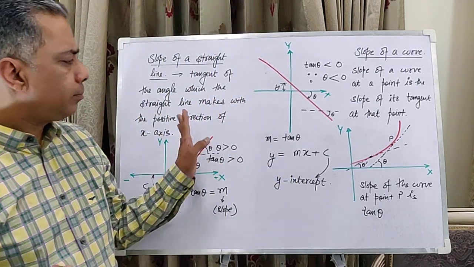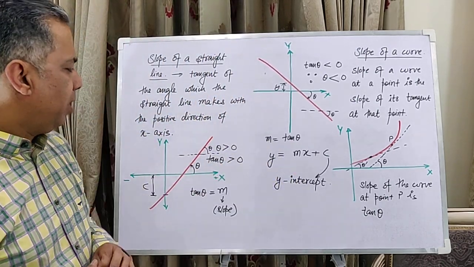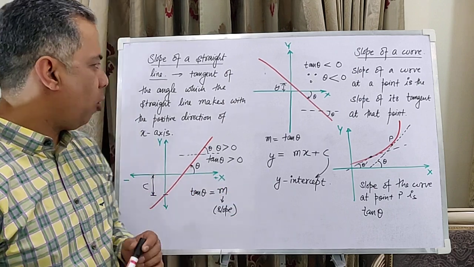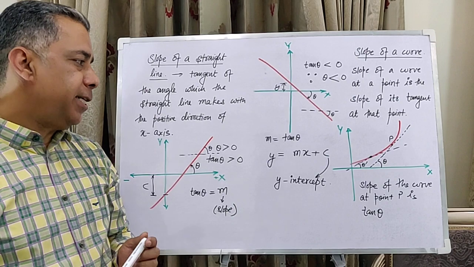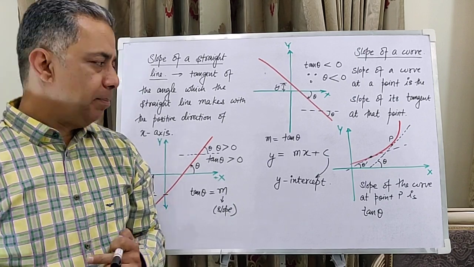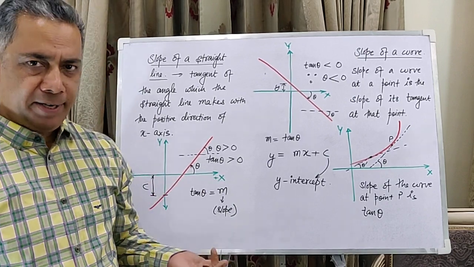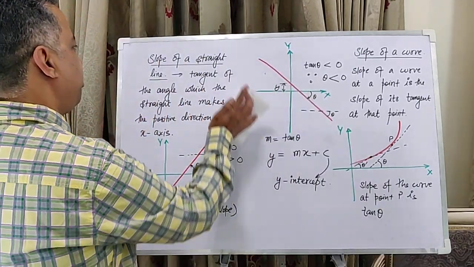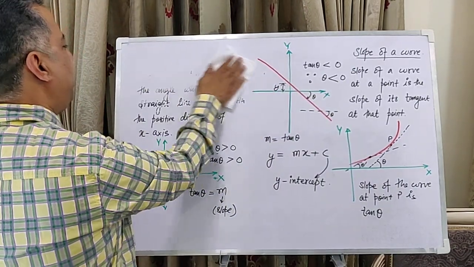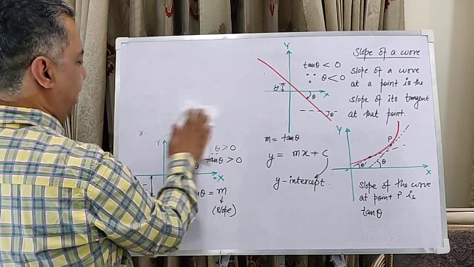So this is something from coordinate geometry that we'll be using in interpreting the meaning of derivative. Now we are going to interpret the geometrical meaning of a derivative.